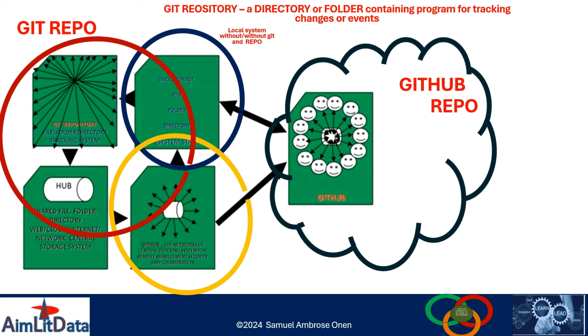At the same time, we may want to keep a copy of our Git repository and maybe share what we have done with others. My friend, we can push our Git repository to the GitHub repository. But again, we must create a GitHub repository because a GitHub repository cannot come by default. We need to have a GitHub account and then create a GitHub repository and then push our local repository to the GitHub account.